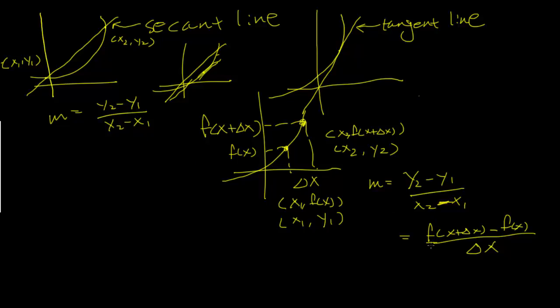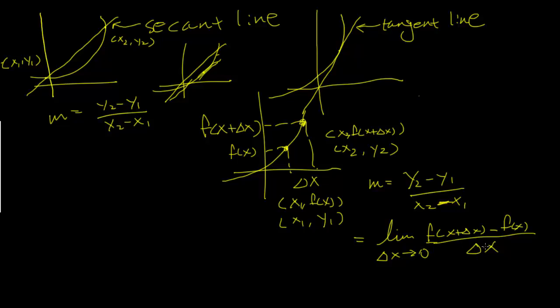In order to get the instantaneous slope, we have to use a limit, saying that these two points will come closer together until they merge into one point. We do that by taking the limit as delta x approaches 0.